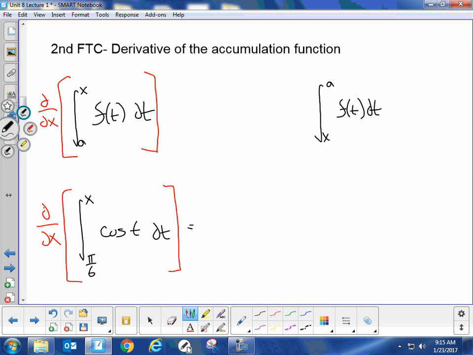Okay, so I'm going to attempt to take the derivative of this accumulation function. Now, I do not know how to take a derivative of a definite integral right now. I kind of know that if I took the derivative of an antiderivative, whatever is in here, I'd get what I started with, right?